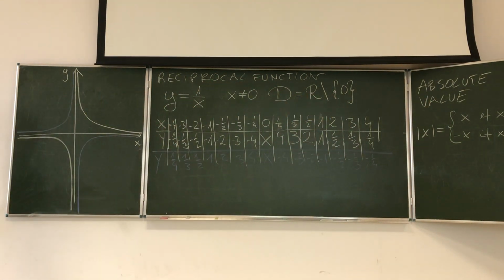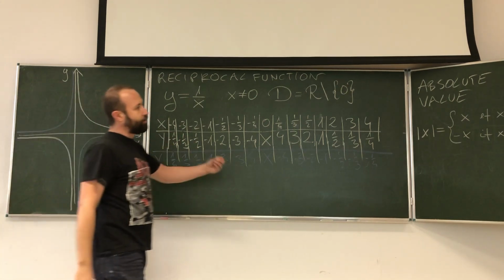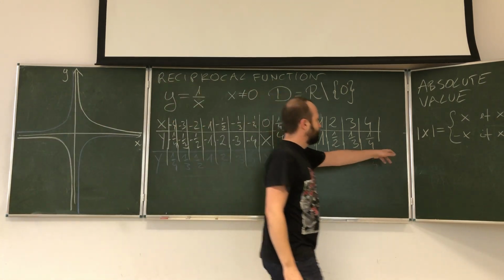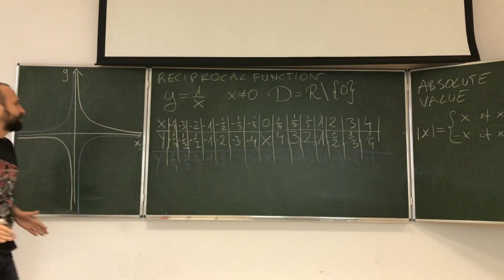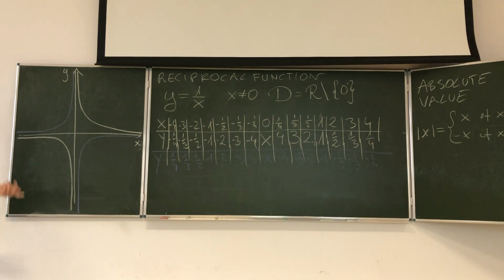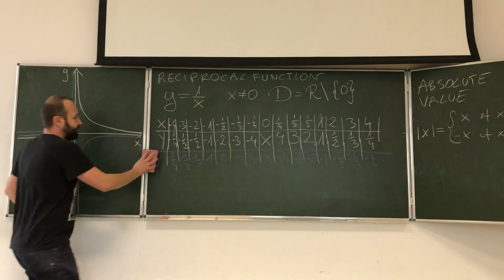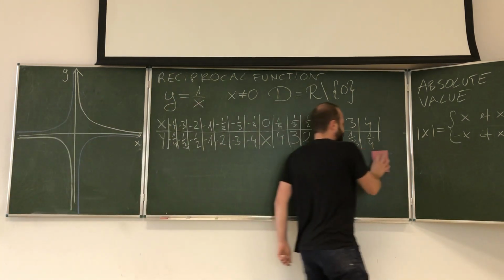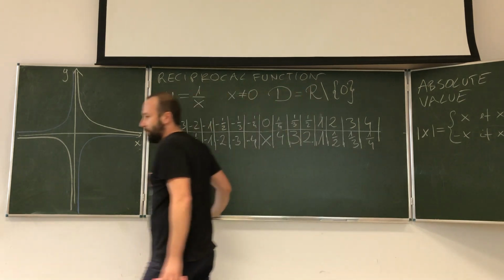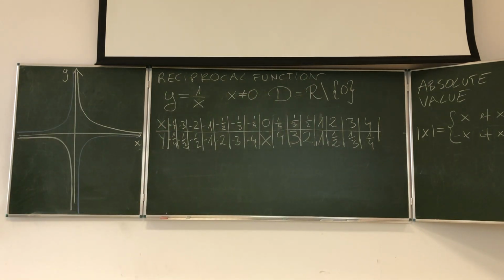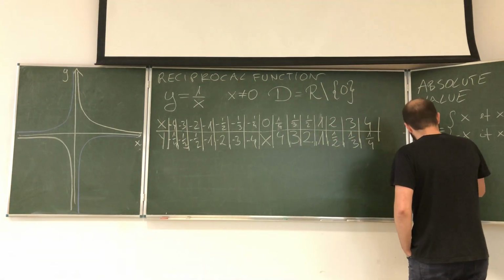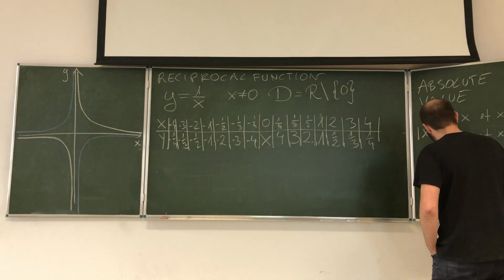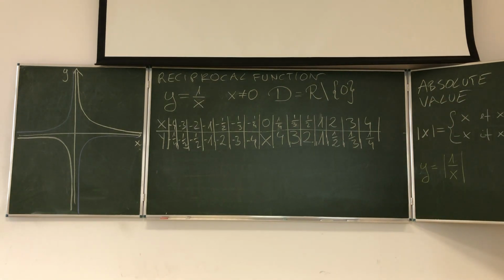So look, what it does is that it changes all the negative numbers to positive numbers, but it keeps positive numbers in the same form. Okay, again, let's see now what would happen with our reciprocal function if I want to draw a function y equals absolute value of 1 over x.